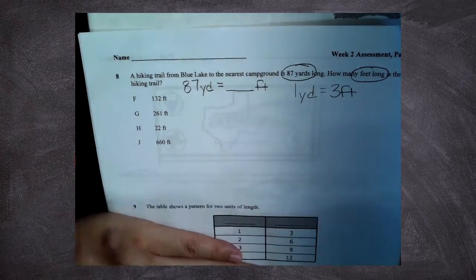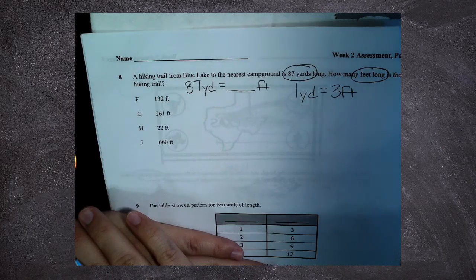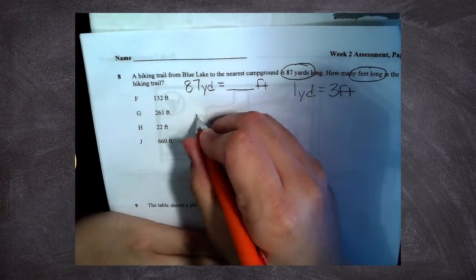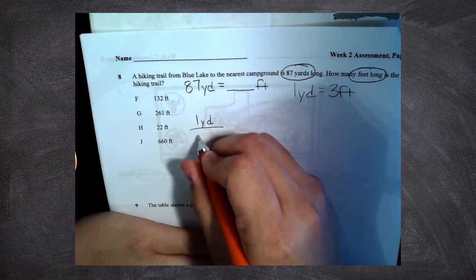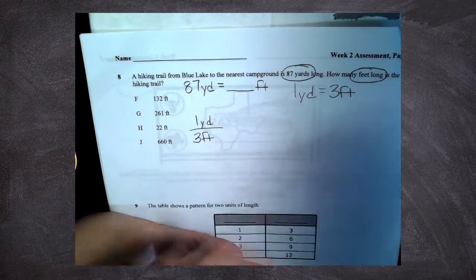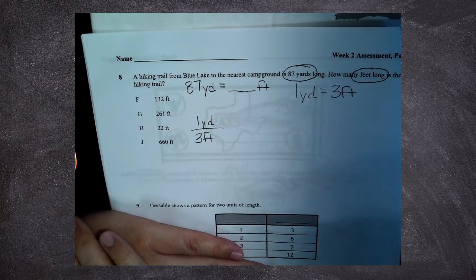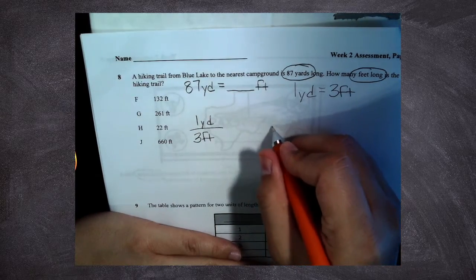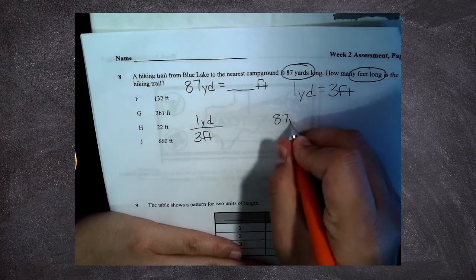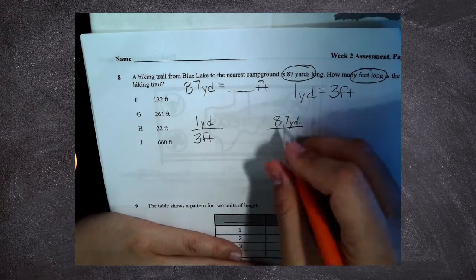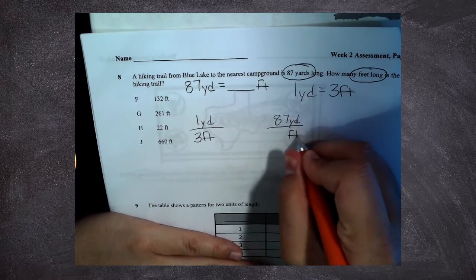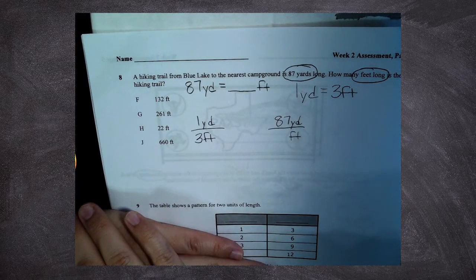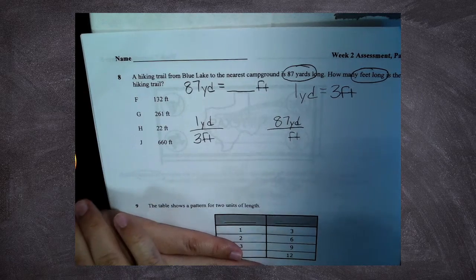I'm going to write them kind of like they were fractions and change my numbers. 1 yard. Same thing as 3 feet. Good, great, fantastic. I don't have 1 yard. I've got 87, which is a lot more than 1. But I don't know how many feet that is. So I'm going to use multiplication to change my numbers and figure it out.